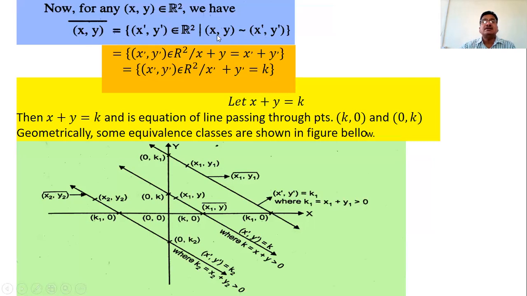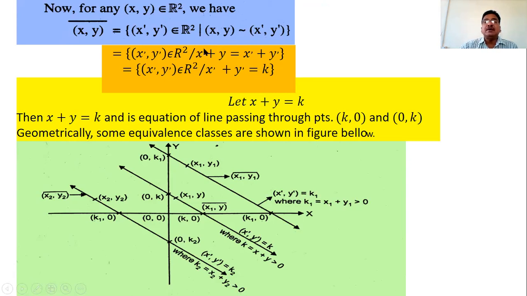This is the equivalence class: (x, y) is related to (x', y'), or (x', y') is related to (x, y). It is the set of ordered pairs from R² that are related to the element (x, y).